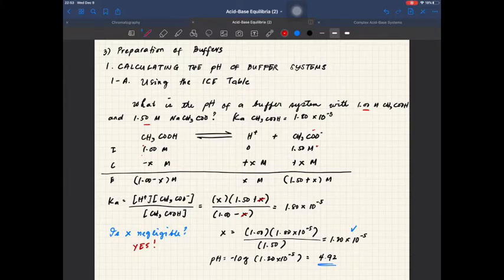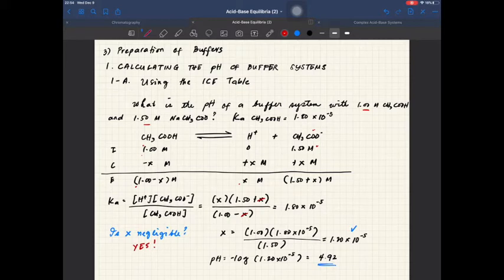We don't know what happens during the reaction, so it is minus x molar for the reactant and plus x molar for the product side. At equilibrium, the concentrations are 1 minus x molar for the acetic acid, x molar for the hydrogen ion, and 1.5 plus x molar for the acetate ion.